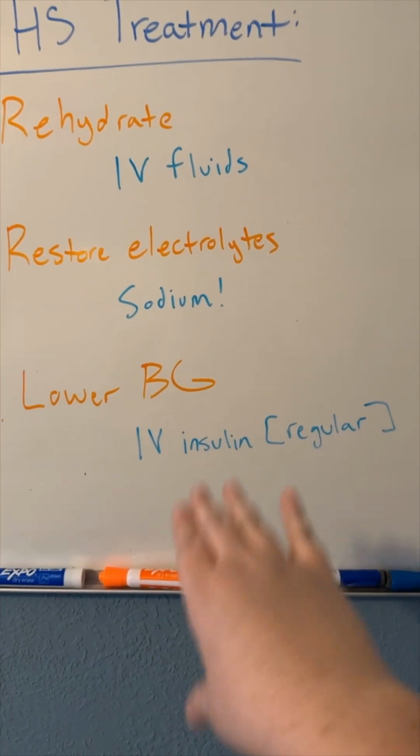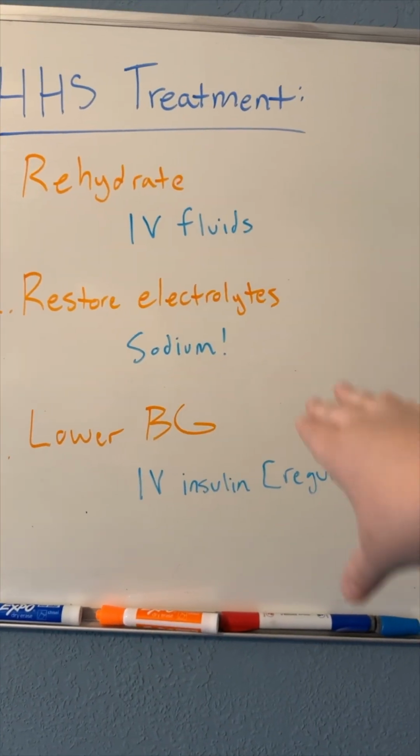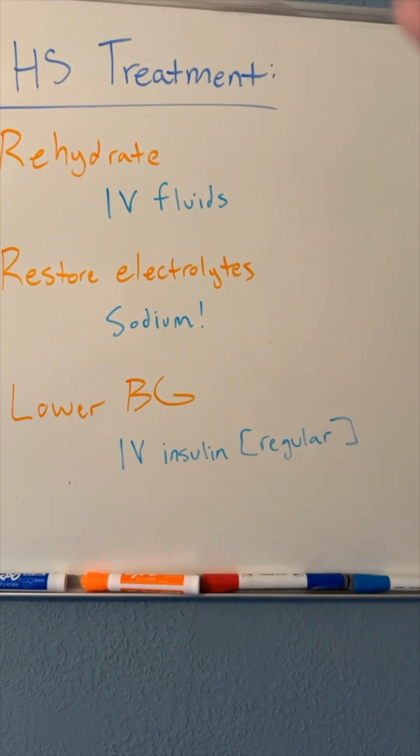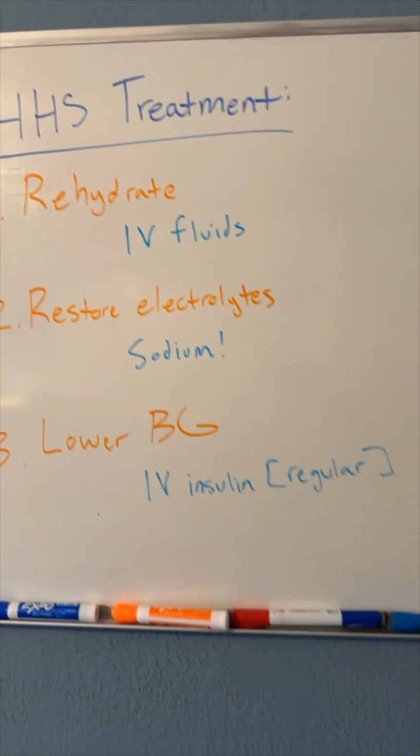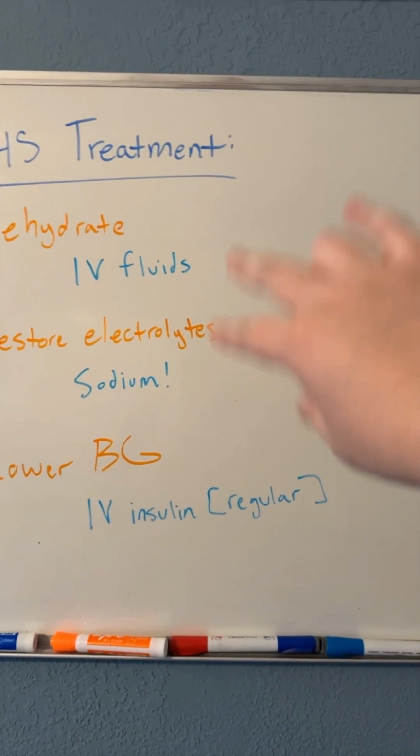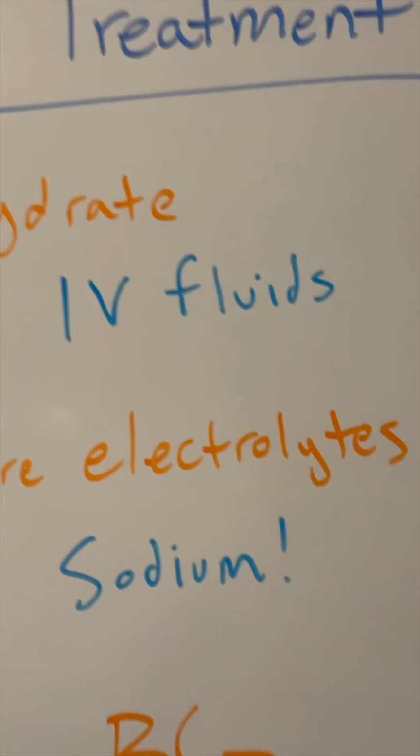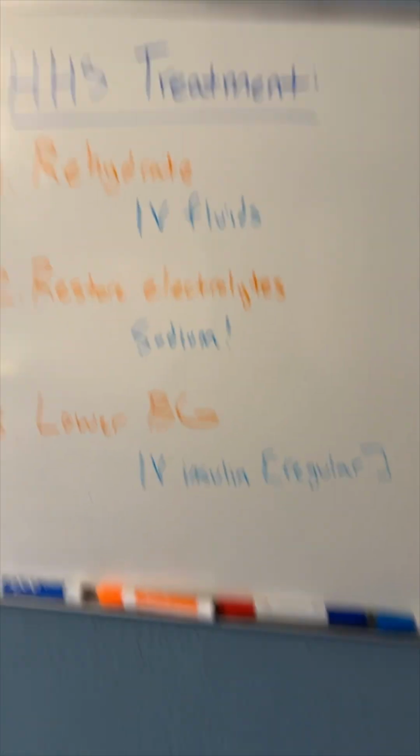That is part of the issue, but the other part is that the body is trying to diurese all of this extra sugar. So that's also a major player here. IV fluids are just as important as the IV insulin. It's also important to remember that with DKA, insulin administration is very important, not just because of the hyperglycemia, but because of the ketoacidosis. But with HHS, we're not in metabolic acidosis, so there's no need to correct that, so that's not as much of an urgent finding.